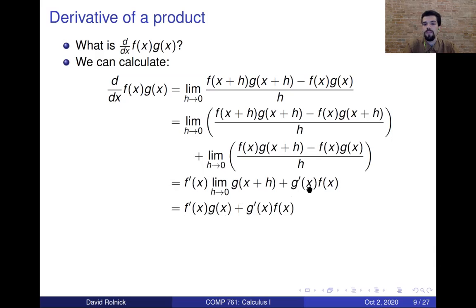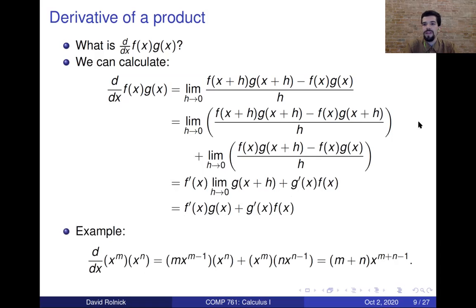Okay. Here's an example. If we take the derivative of this product of x to the m and x to the n, we have the derivative of the first times the second without taking the derivative, plus the derivative of the second times the first.